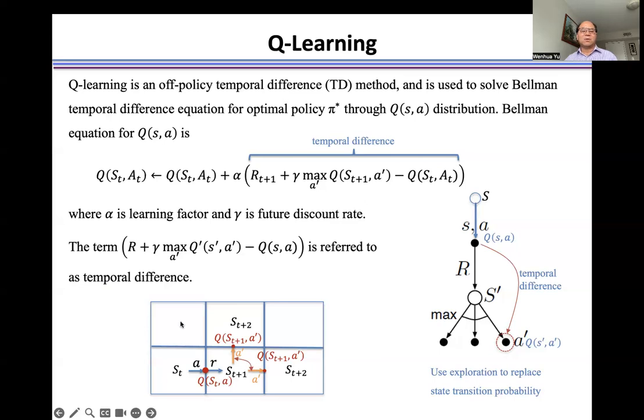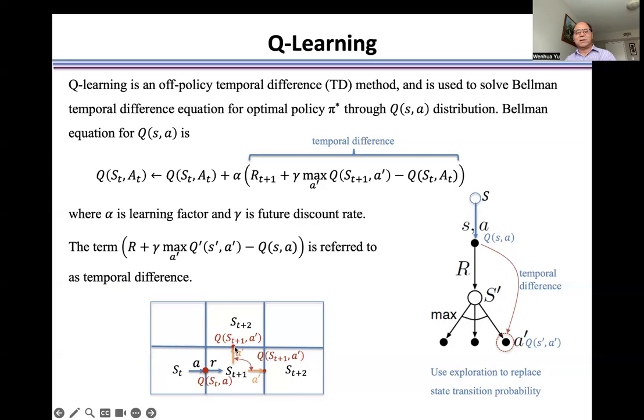From here, for example, each cell stands for a state. If we need to calculate the Q value at state S by selecting this action A, we first need the agent to move from the current state to the next state and receive this reward, and then see how many choices there are.